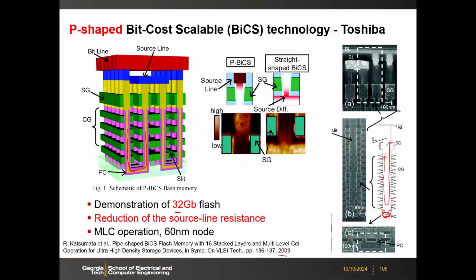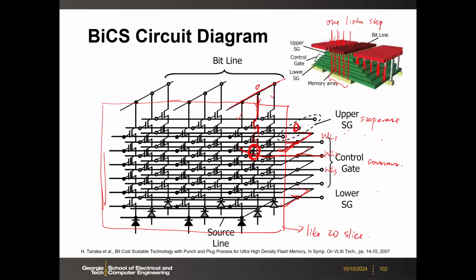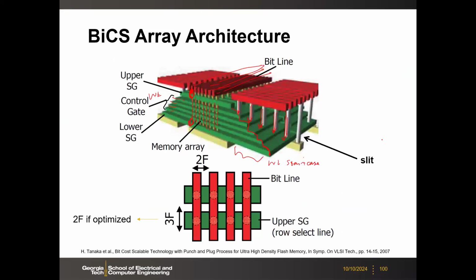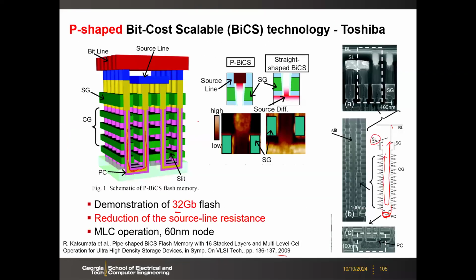The reason is that they want to make the bit line and the source line on the top. Previously, the source line was buried in the substrate. But they thought the source line resistance was too high, because in the substrate you cannot do metal. At that time, the source line was doped silicon.